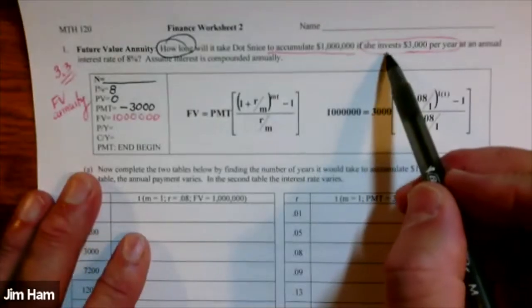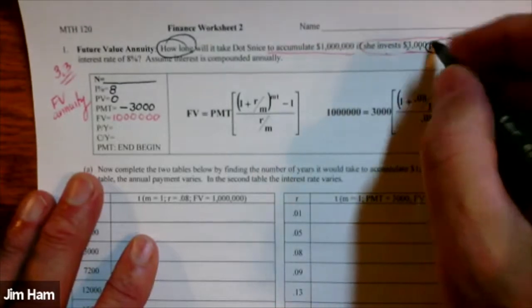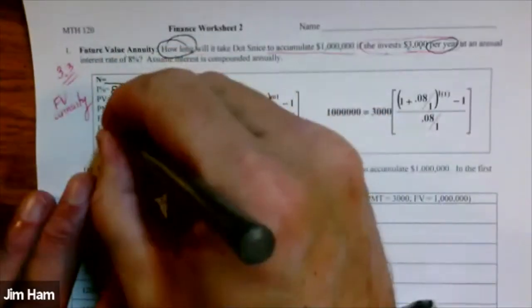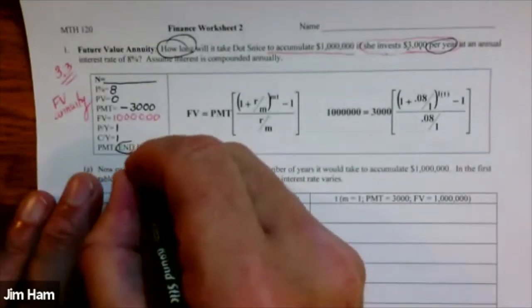Here it says she invests $3,000 per year. Once at the end of the first year, once at the end of the second year, once at the end of the third year. And so these are not monthly payments, they're not quarterly payments, they're one payment per year. And so the payments per year and the compounding per year will each be 1.